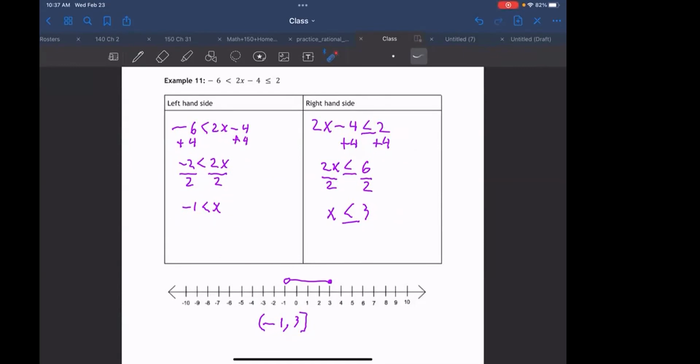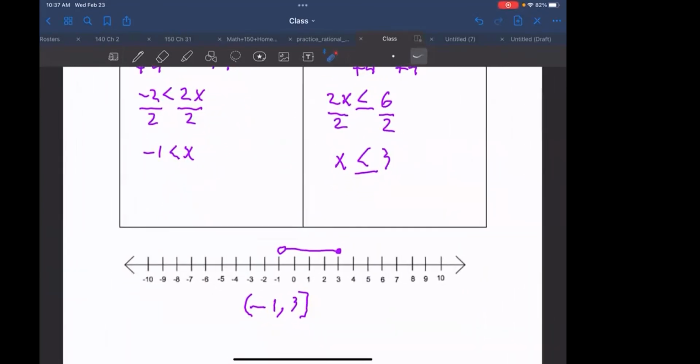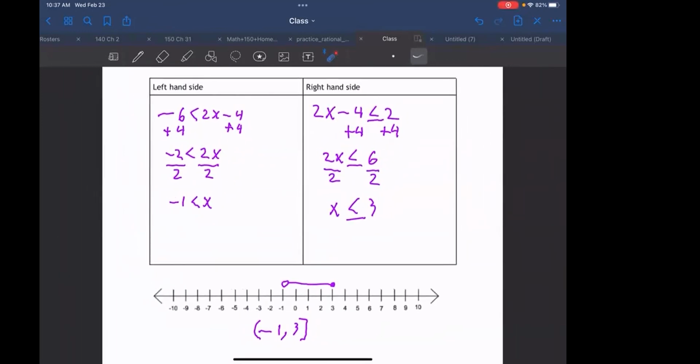Yep. Go down to the graph. I filled in 3 and then 1. No, you're good. Awesome. Awesome. Okay. Does anyone have any questions about this example here?